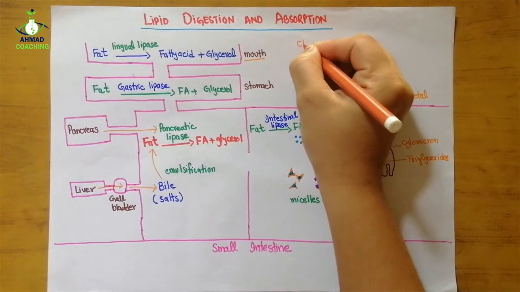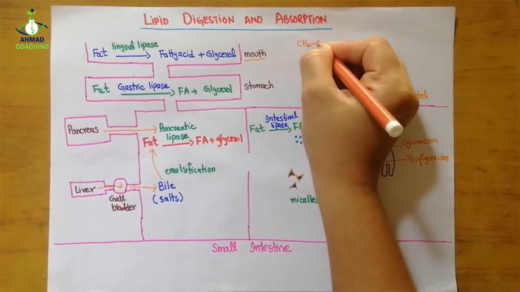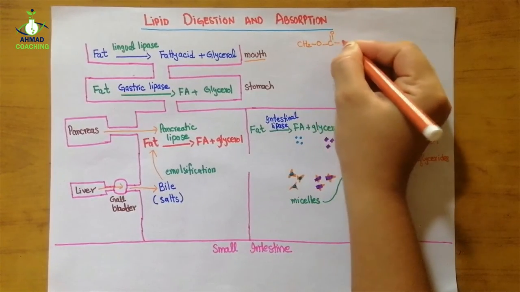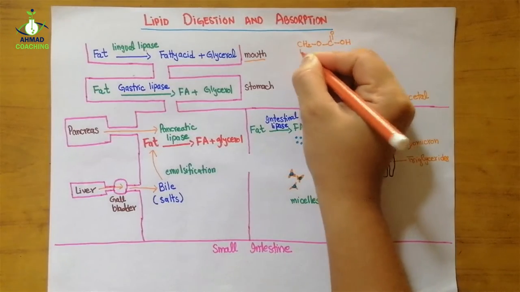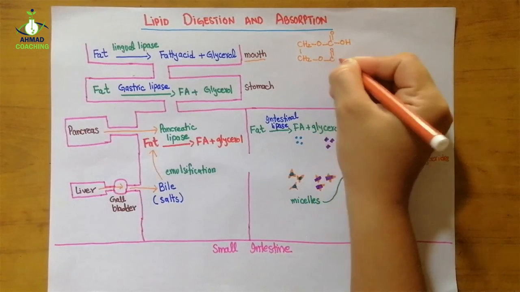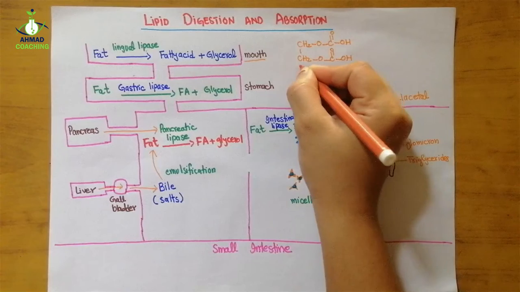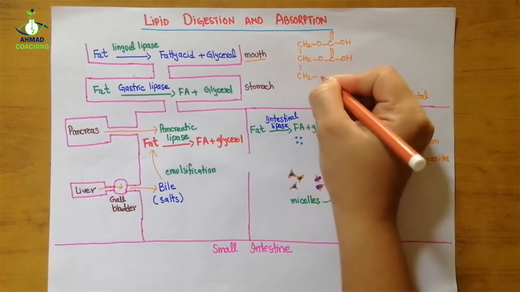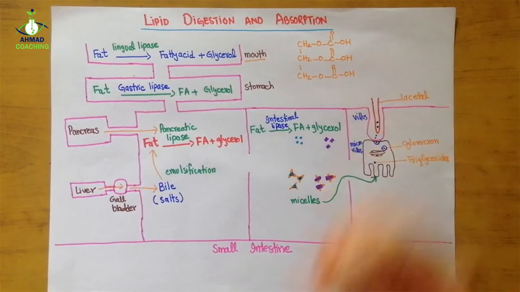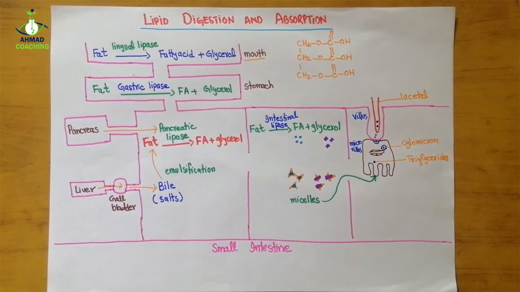So we have this CH2O, C double bond O, OH, CH2O similarly. This is one fat molecule.